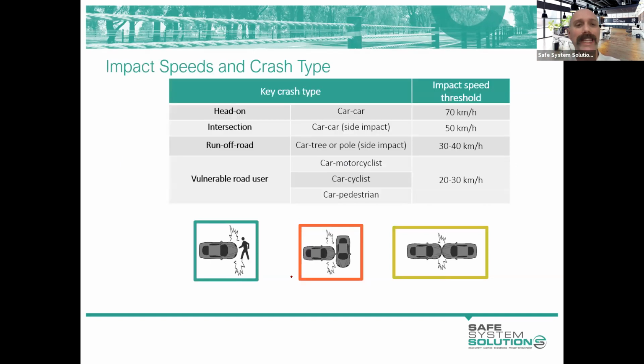I haven't got it here, but I also provided that heat spectrum generalized graph with some scores from 0 to 4 on it, which will possibly help you when you come to do your safe system assessment matrix. So I suggest you grab that one as well.